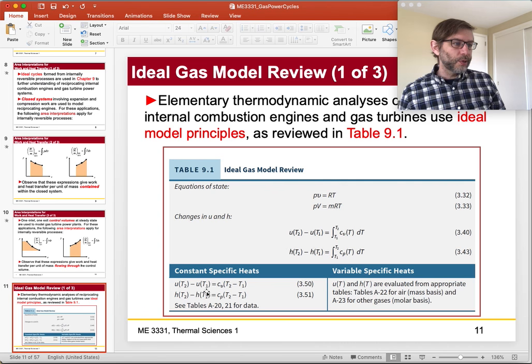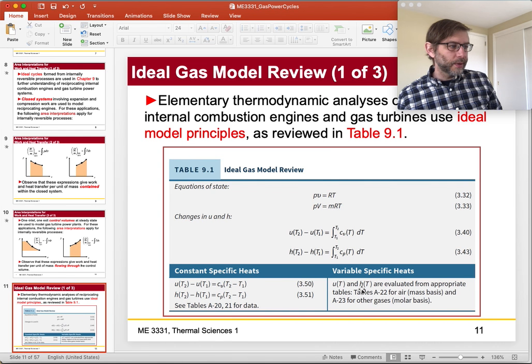So U2 minus U1 is Cv times (T2 minus T1) if you consider constant specific heats. If you can't consider constant specific heats, which I will tell you in a test or exam problem, you can find these properties using the tables. That's pretty straightforward. You use the tables, or if I tell you constant specific heat, you find the specific heat and you solve for the temperature correctly.